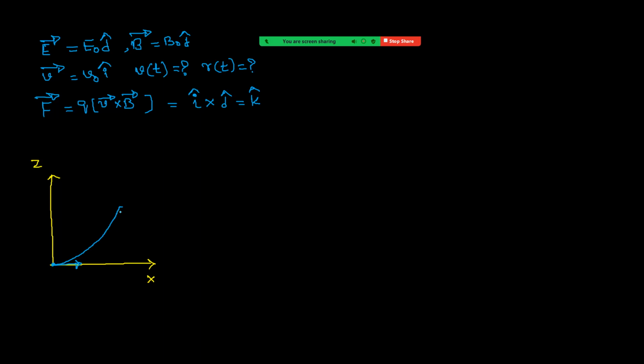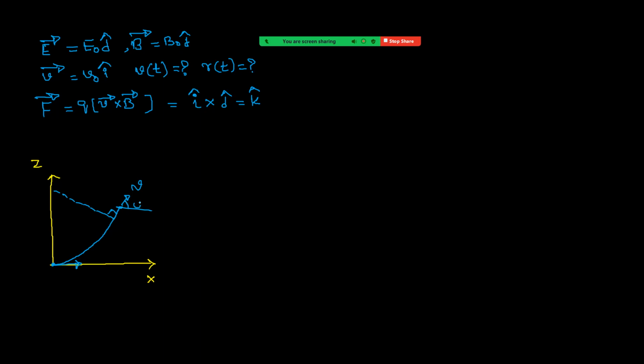This is a part of a circle. Let us draw one normal for this velocity vector. See the angle made by the velocity vector with the x-axis.